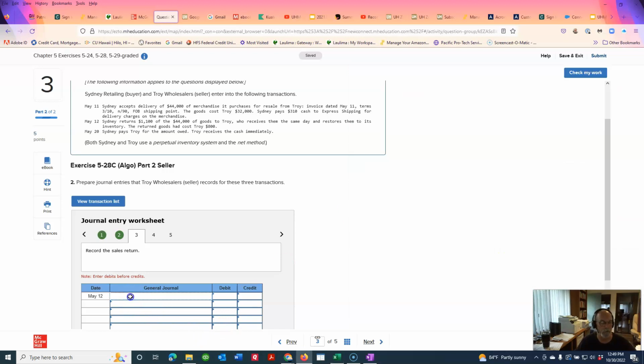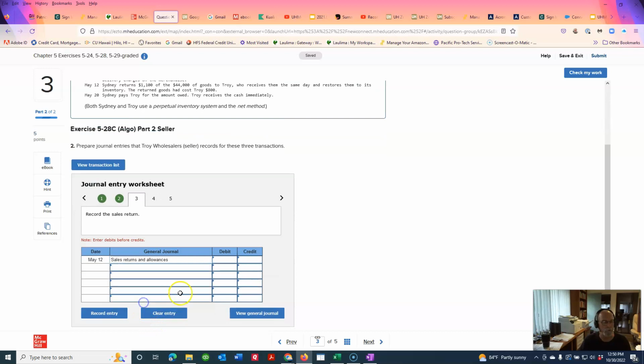$10.67. And so our entry for the sale return is to debit our sales returns account for $10.67.